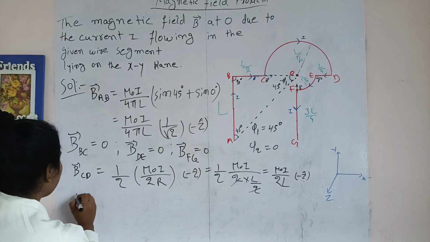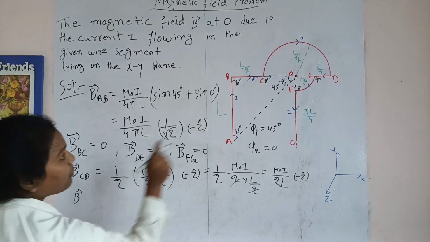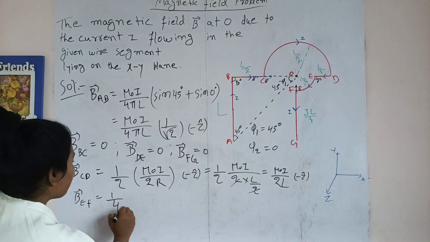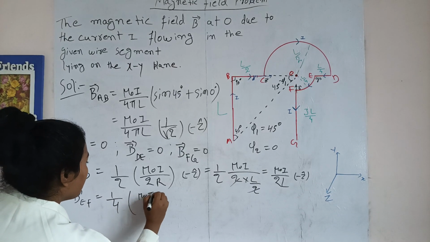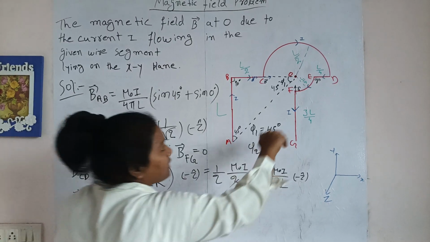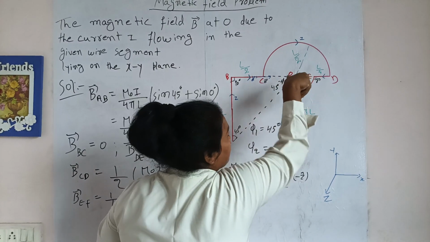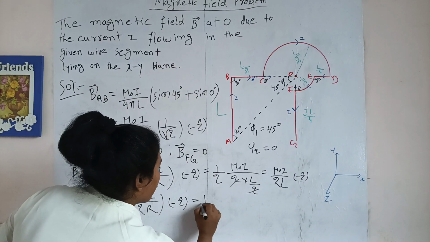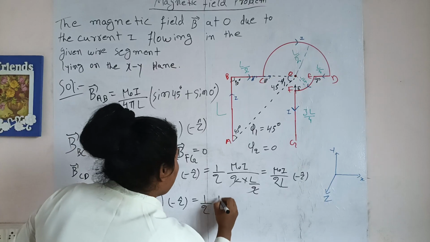And for the quarter circular part EF, it becomes 1 by 4 of this value, mu naught I by 2r. Again, as we can see by the right hand thumb rule, the magnetic field is going in minus z hat.